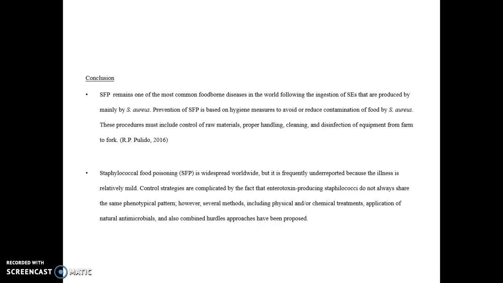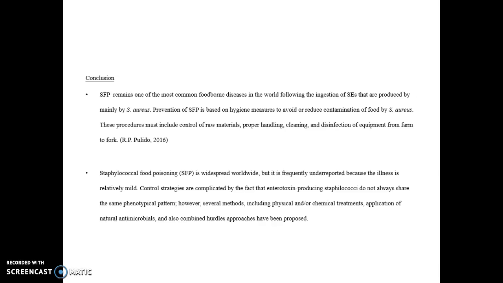So, for the conclusion, I would like to say that Staphylococcus infection remains one of the most common foodborne diseases in the world. This pathogen is very commonly found, and ingestion of the enterotoxins causes the illness to occur.